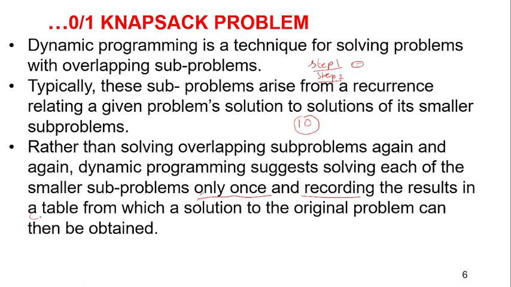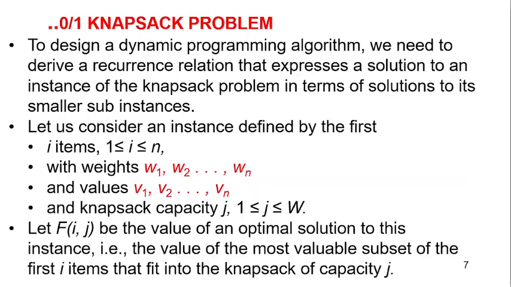So for dynamic programming, we are going to have a table. We will record all the results in the table. In order to find the ith row, we will use the i minus 1 row. This row's result will be used to find the ith row.